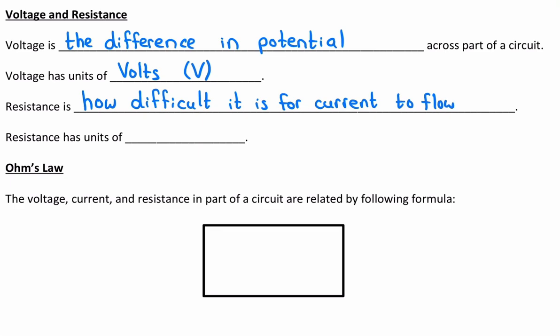And resistance has units of ohms. And the symbol we'll use for that, well, it's kind of convenient. There's a Greek letter that sounds a lot like ohms, and that's the Greek letter omega. And the capital omega looks like that.